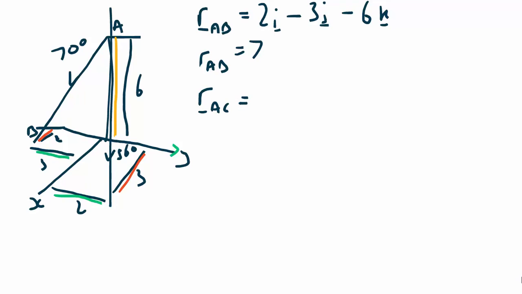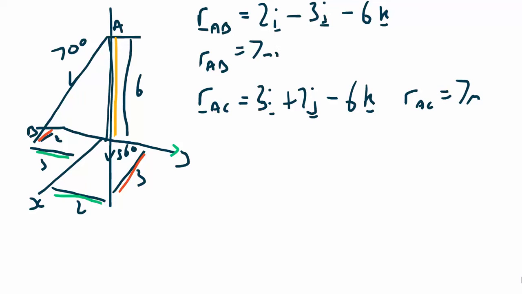I'm also going positive direction for both of those for RAC. So 3i plus 2j. I'm still coming down, so minus 6k. So RAC is the same numbers, so it'll be 7 meters as well. So both those cables are 7 meters long.